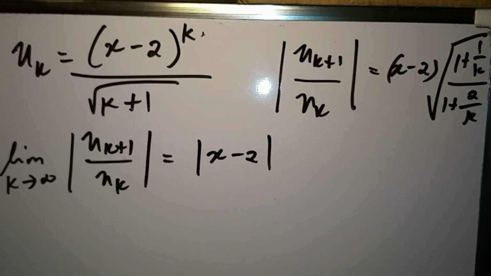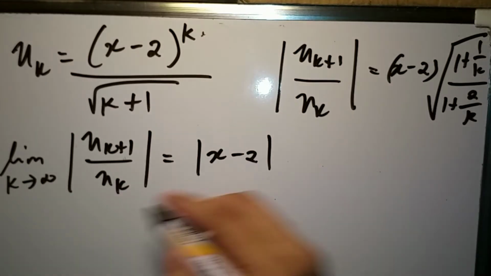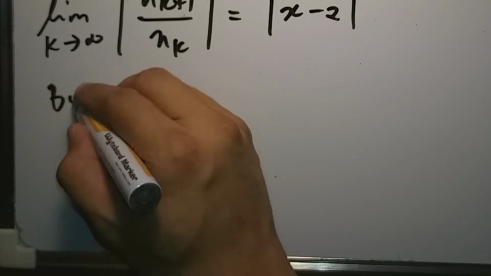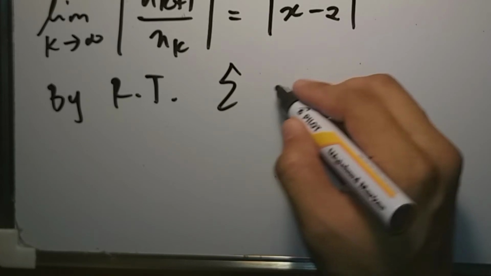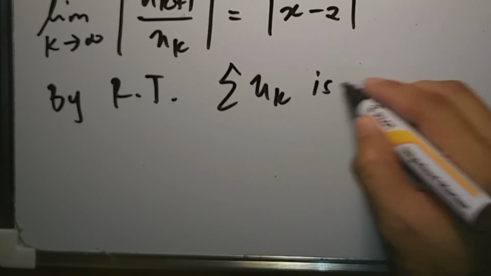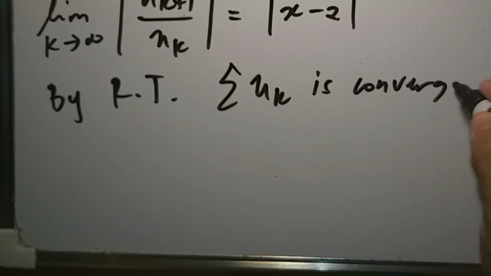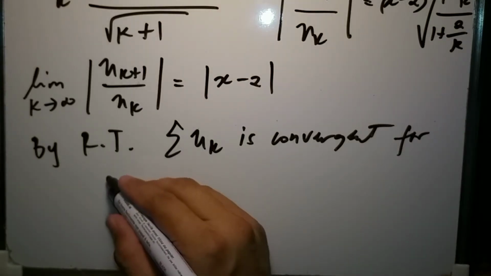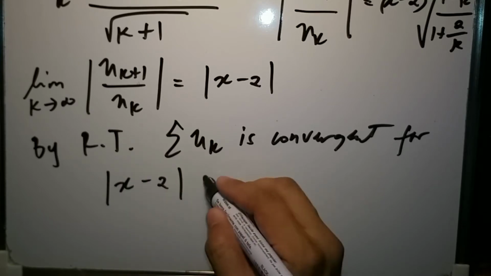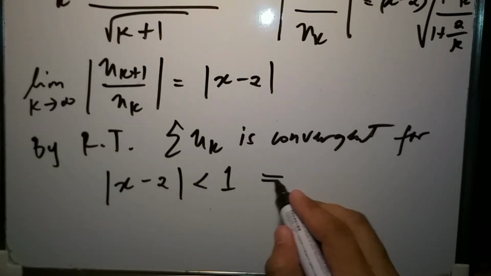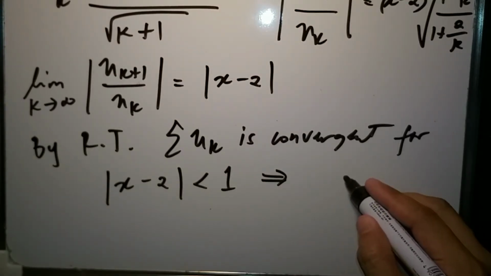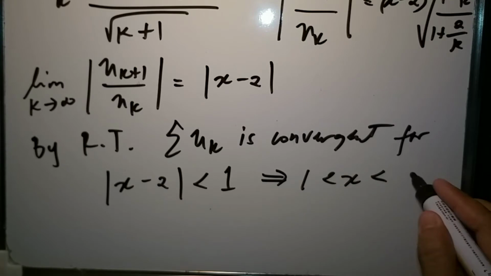Now, by applying the ratio test, the series is convergent for the absolute value of x minus 2 less than 1, which simplifies to x between 1 and 3.